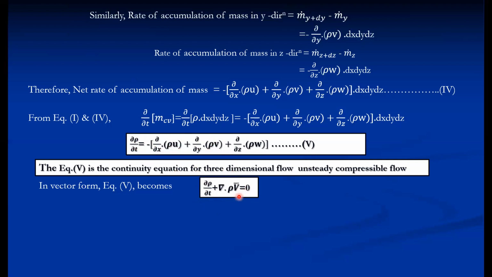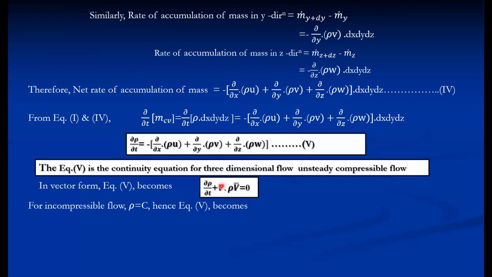For the most generalized form of the continuity equation, here we are considering the flow is compressible, and we are considering the flow is unsteady as well. So this is the conservative form of the continuity equation. For incompressible flow, the density is constant. If the density is constant, we can take the density out of the bracket, and as it is equating to 0.